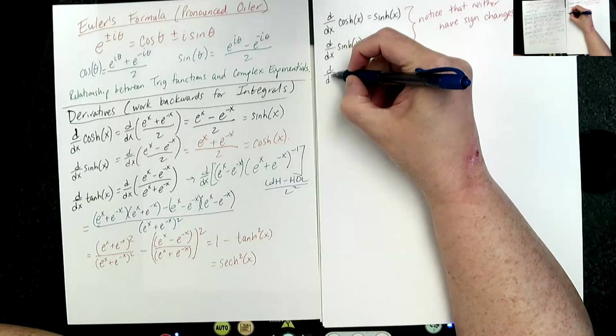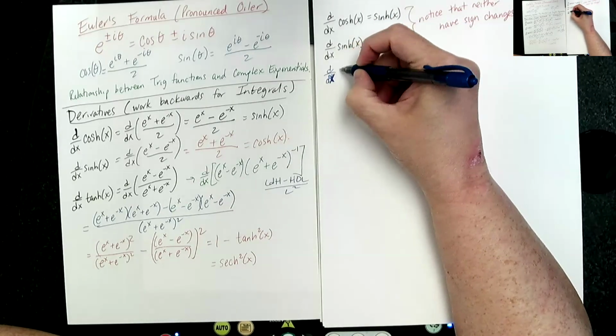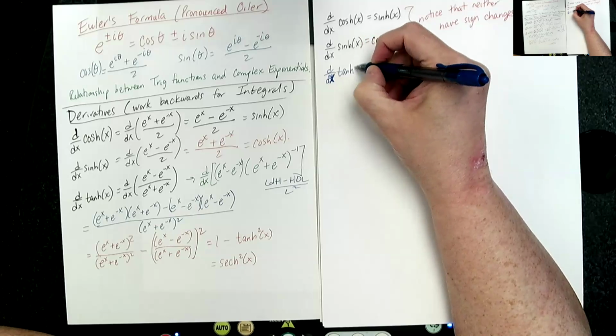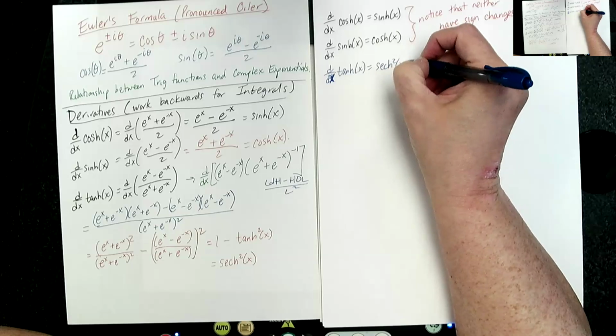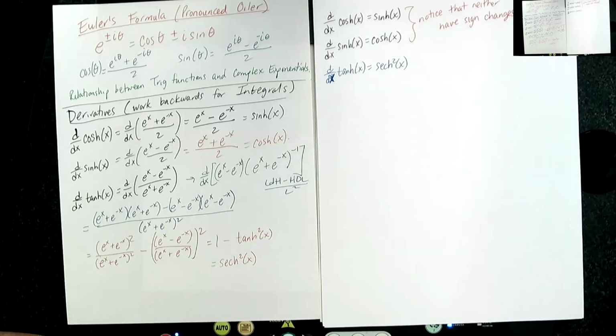Then we got our d/dx of tanh. These all look familiar. Like basically, they look like they're trig equivalents, don't they? It's almost creepy.